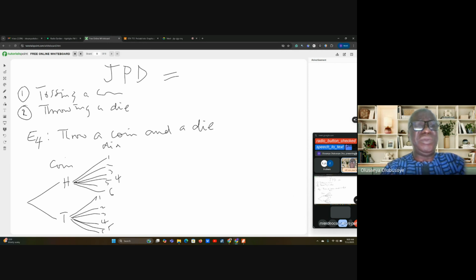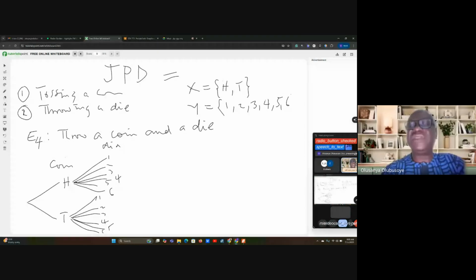We can use random variable x for the coin, which could be head or tail, and y for the die, which could be 1, 2, 3, 4, 5, 6.